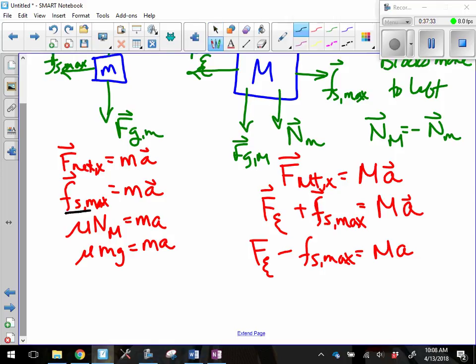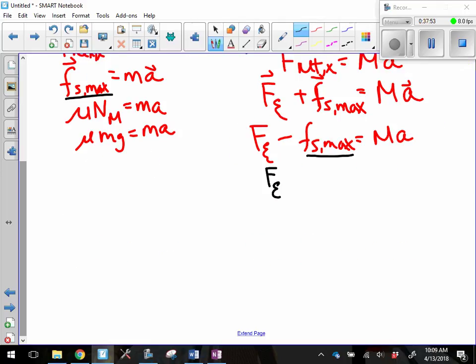Now remember that the magnitude of this Fs max and this Fs max are the same, because that friction force is always between the two objects that are rubbing each other, but it's a single force. It just points in opposite directions depending on which object we're talking about. So we could rewrite this as F spring minus ma gives me capital MA. So I've got F spring is little m plus big M times A.